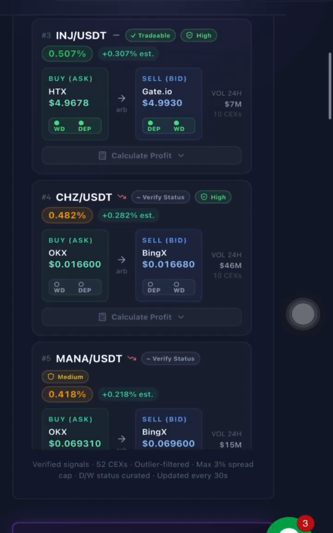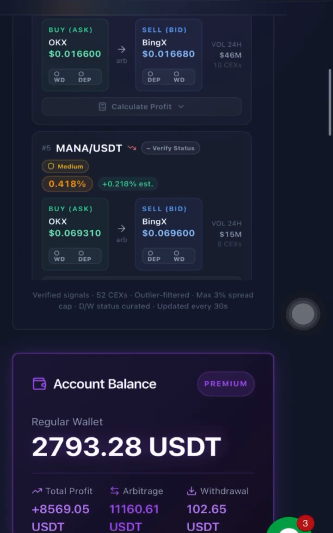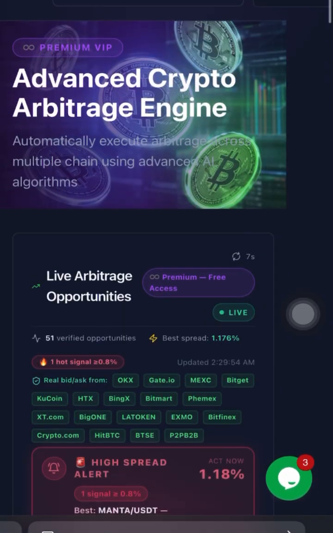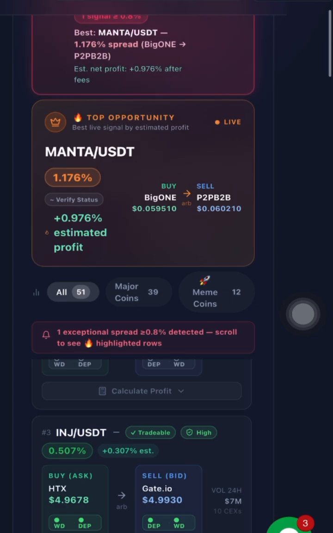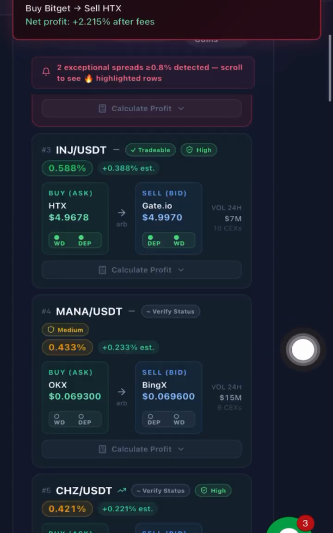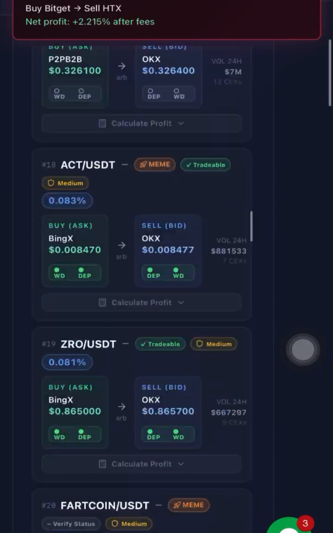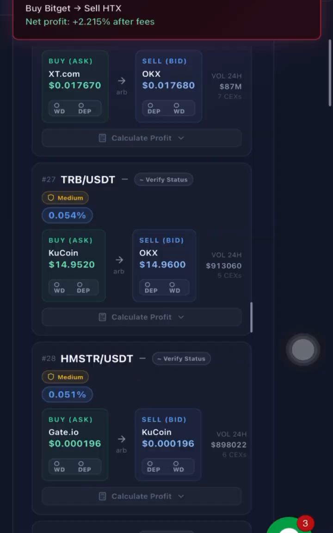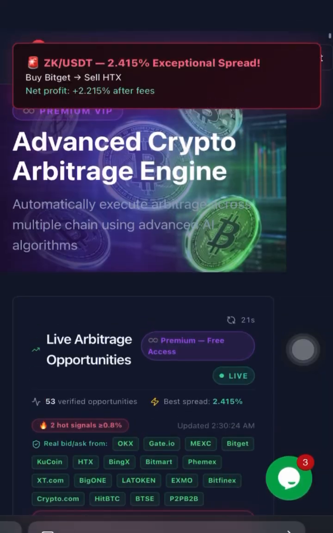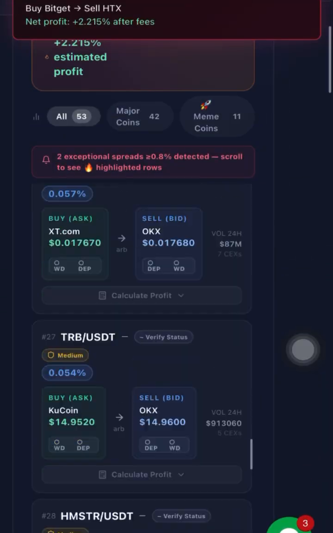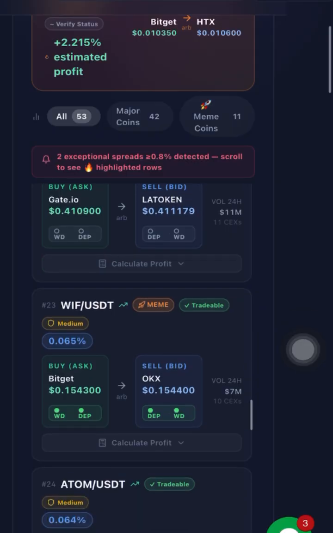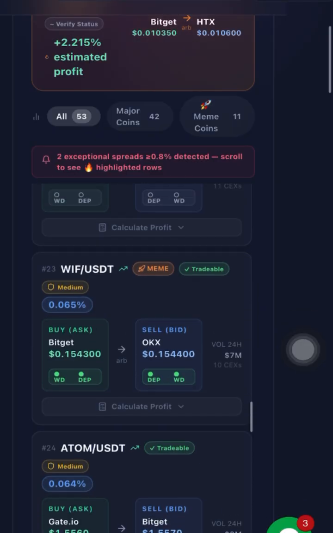You can see that the bot gives you signals. The major coins are 39, meme coins are 12. If I scroll down, you can see that all these are signals, and it gives you the market volume.